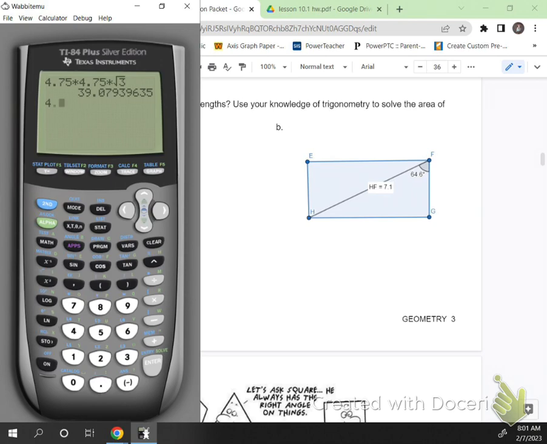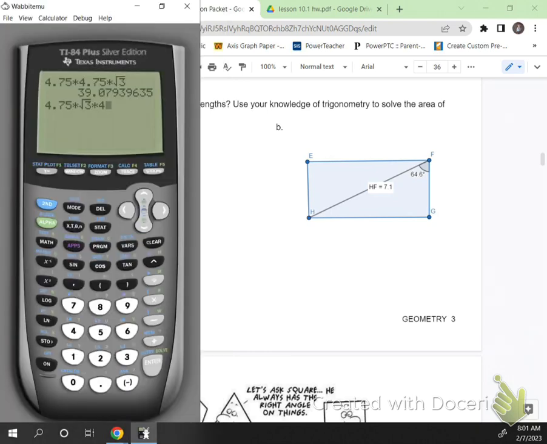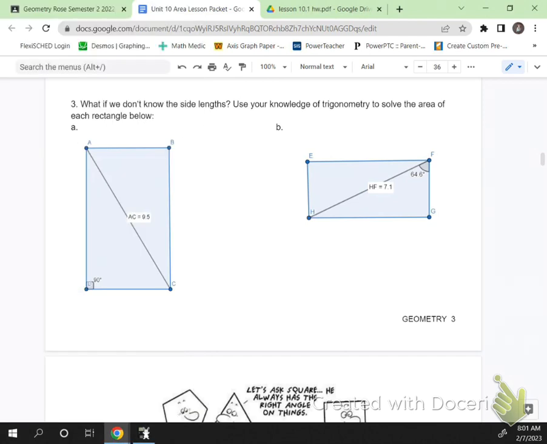Again, if you had done 4.75 times root 3, you would have to either put a parentheses or arrow out of that root. Don't put times 4.75 under it again. Maybe that was our mistake. Was the root parentheses? Okay. Great. Let's try B now.